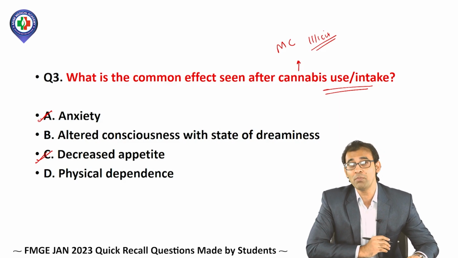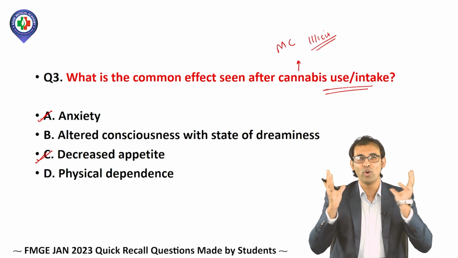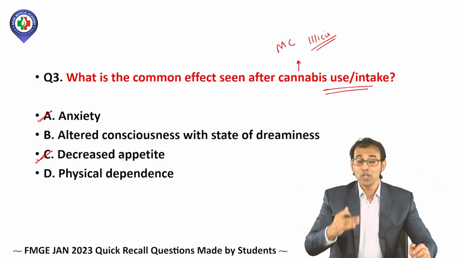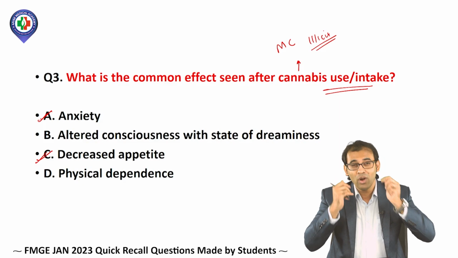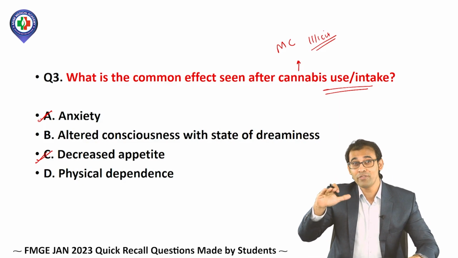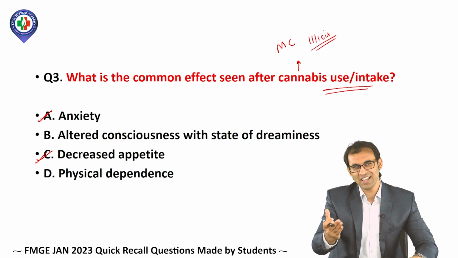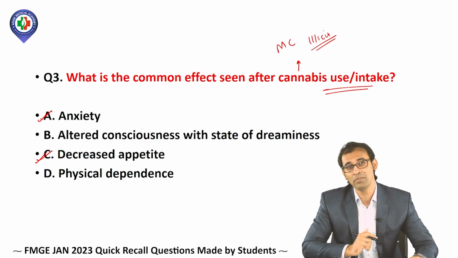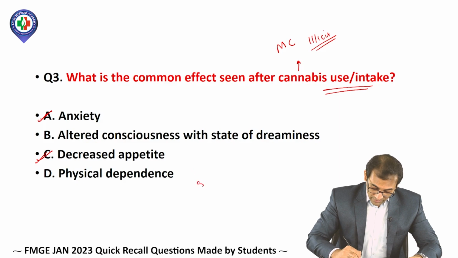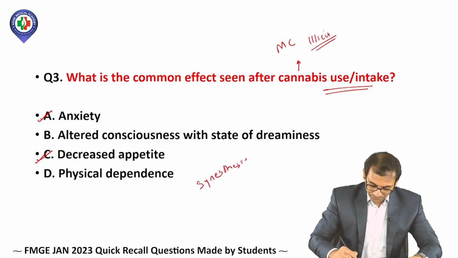So I hope all of you remember that there will be euphoria, excessive happiness, reddening of the eye, slowing of time. The patient can also have depersonalization, derealization after some time. The patient can also have synesthesia. What is the meaning of synesthesia?